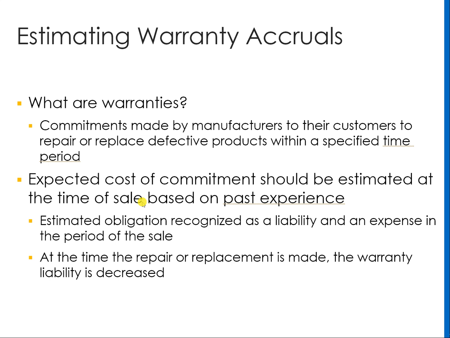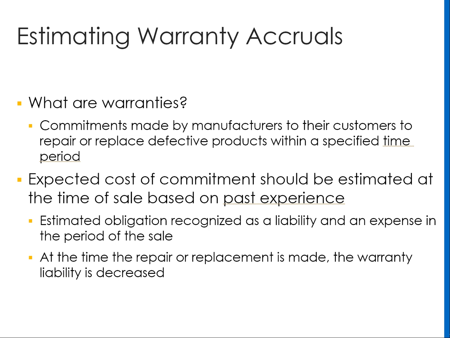All the 3 years warranties should be recognized in the year of sales. So we're going to estimate the obligations as a liability and expense in the period of sales. And at the time the repair or replacement is taken, there's no more expense, but warranty liabilities are decreased.